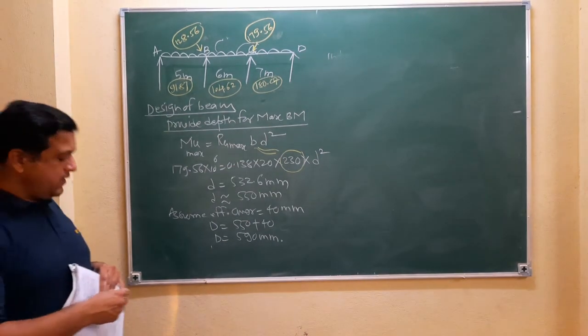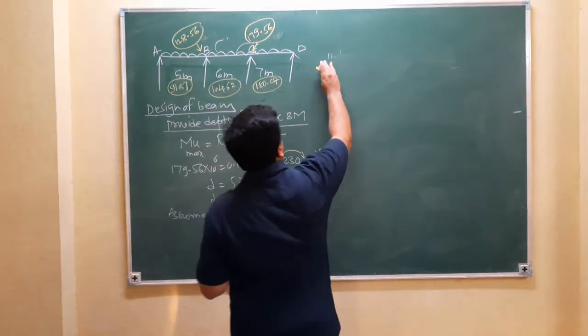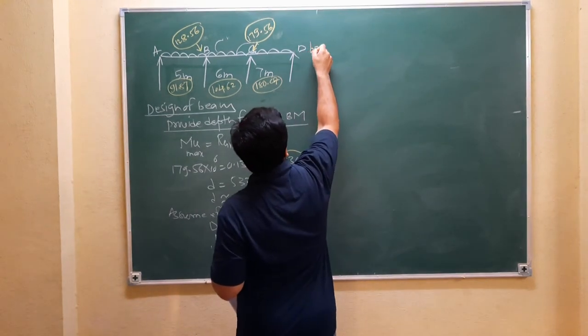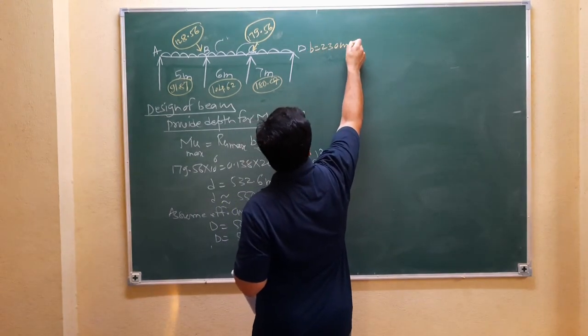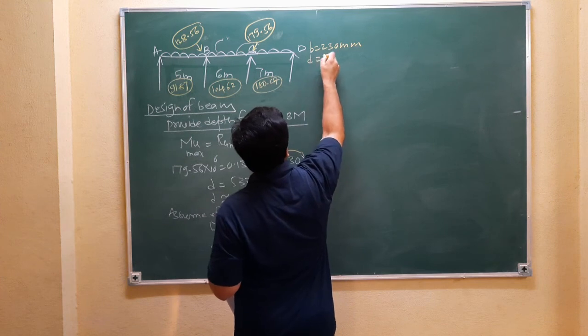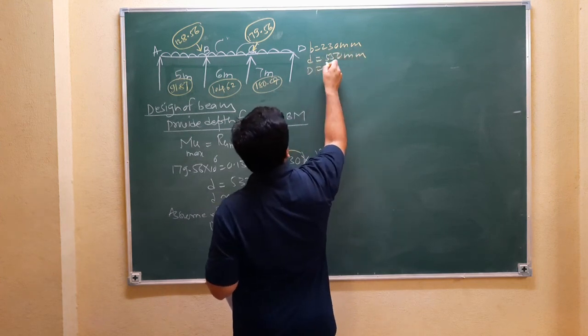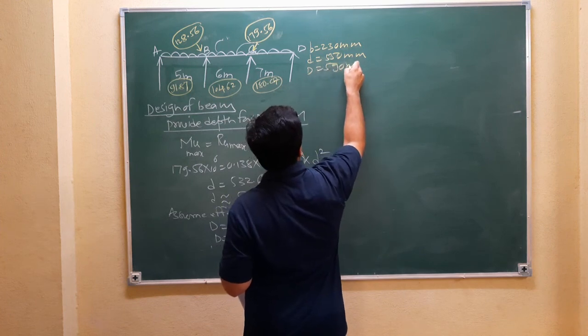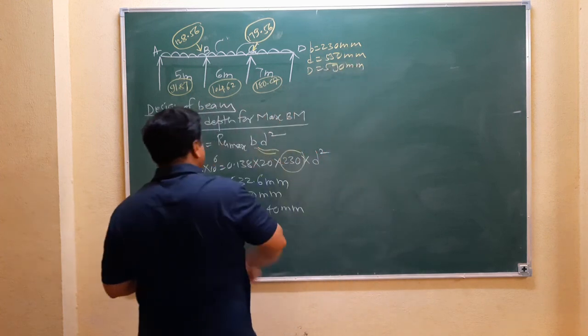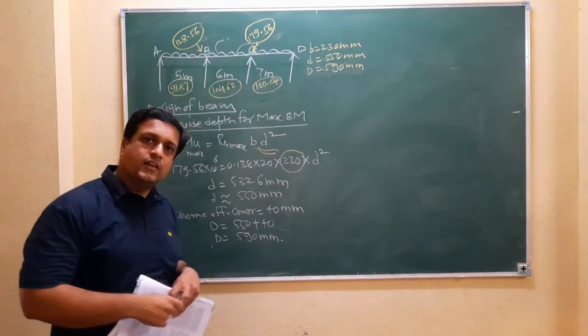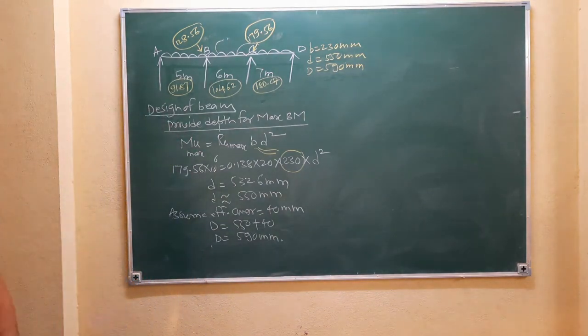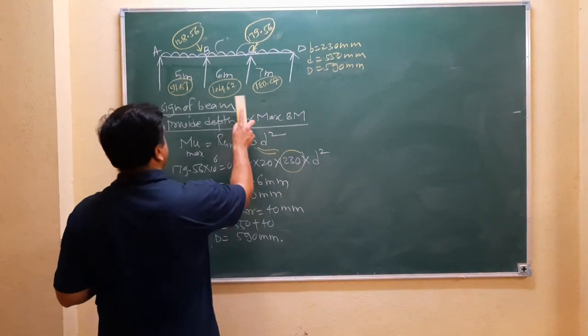So what we get is the width of the section is 230 mm, effective depth of the section is 550 mm, and overall depth is 590 mm from this calculation. Okay. Now what is the next?